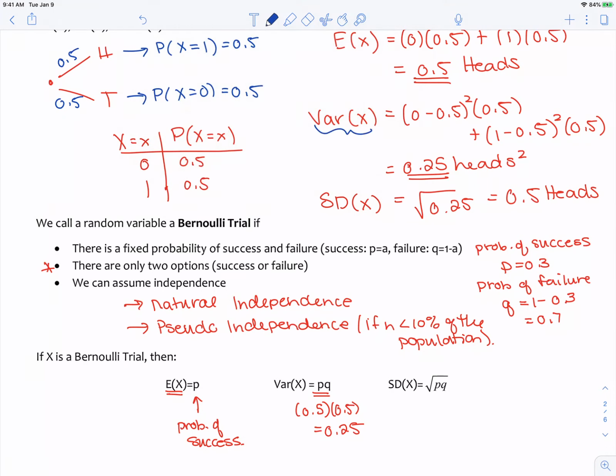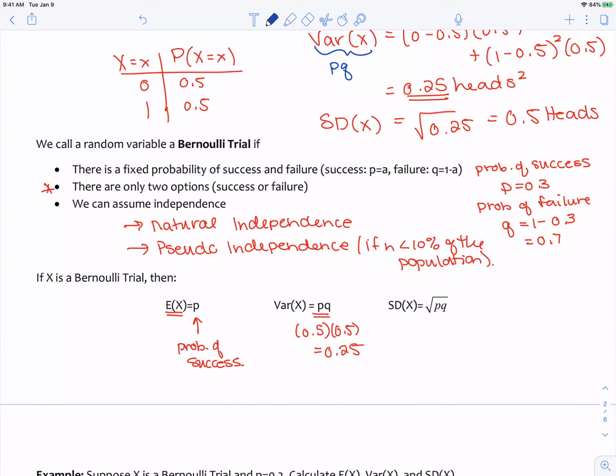So the variance is equal to P times Q, and the expected value is equal to P, which means then the standard deviation of X is going to be the square root of P times Q, so the square root of 0.25, which is going to come back to being just 0.5. So these things are actually kind of handy to know, right?